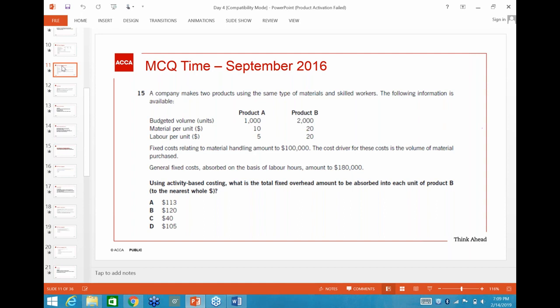Okay. Fixed cost 100,000. The volume of material purchased. So the volume of material will vary based on the same aspect of cost of material. So therefore, if I'm to do a calculation, my cost pool is so much. My cost driver will be 1000 into 10 plus 2000 into 20.